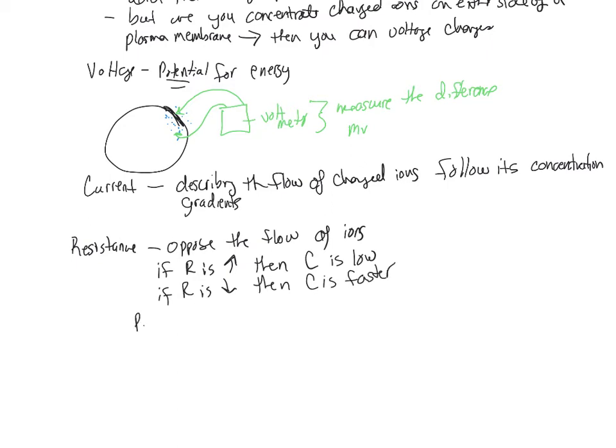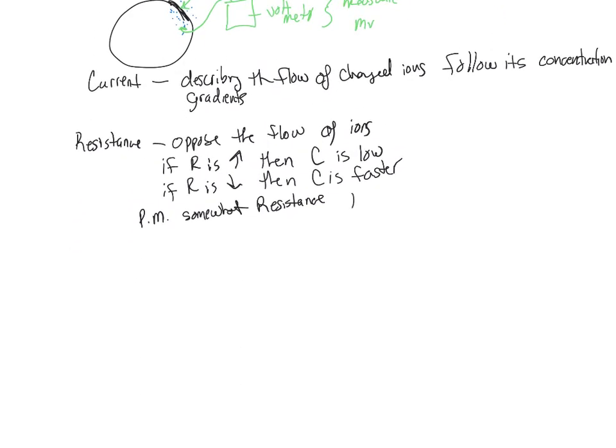Now, plasma membranes, so I'm abbreviating PM for plasma membranes, are somewhat resistant because they're made out of phospholipids, and oils and fats and waxes are resistant to charged ions. But it has lots of transmembrane proteins embedded in the plasma membrane.